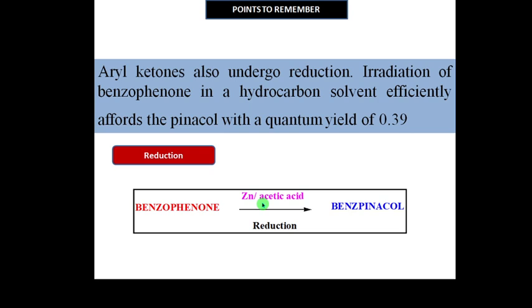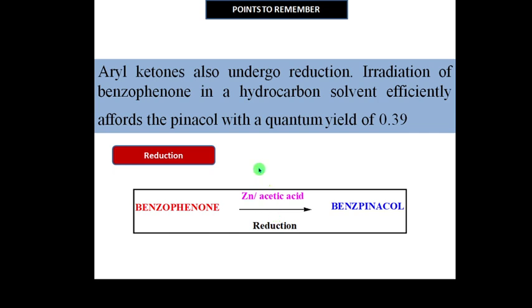Now we should know that this photoreduction reaction, or simply benzophenone to benzpinacol, is a general reduction reaction. Whether we use any hydrocarbon as a solvent, it is also converted, and using simple reducing agents like zinc in acetic acid or sodium in acetic acid, the reduction reaction is possible.